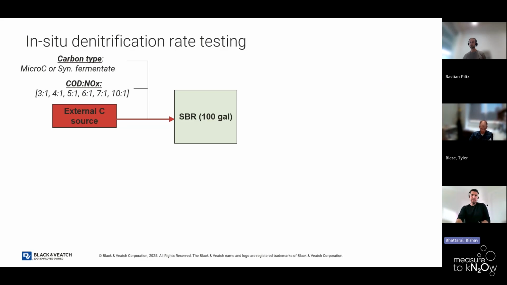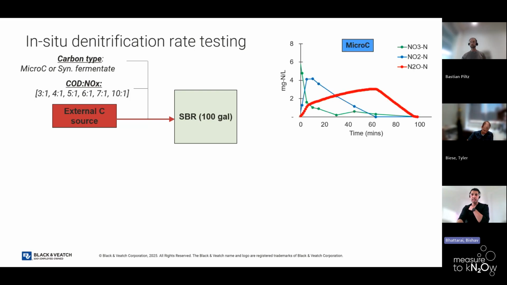So we took a deep dive into it, and then we looked into in situ denite testing because we didn't have a benchtop N2O sensor. So we stopped the reactors and then tested with different C/N ratios and how that impacts the nitrous oxide profile.